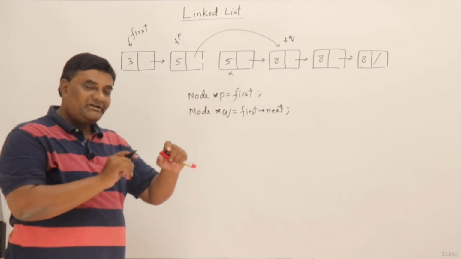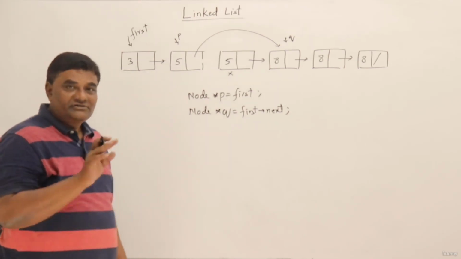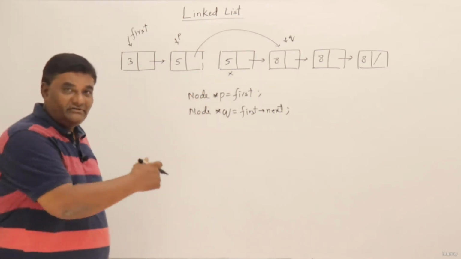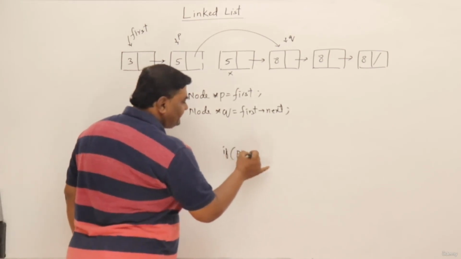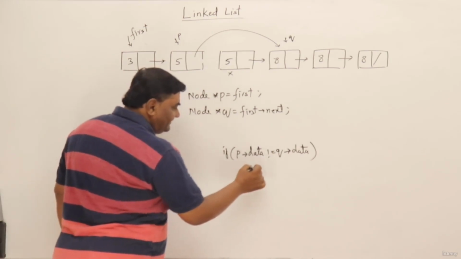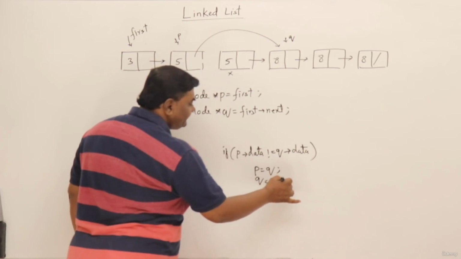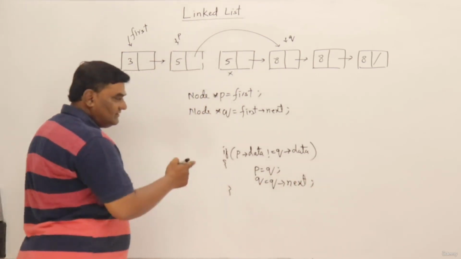Then what we have to do? Compare the data of P and Q, whether they are equal or not equal. If they are not equal, then we will slide the pointers. So let us write that code. If P's data is not equal to Q's data, then move P upon Q and move Q to the next node. So they will be sliding like this. This is over.